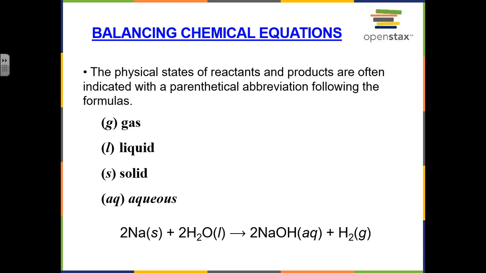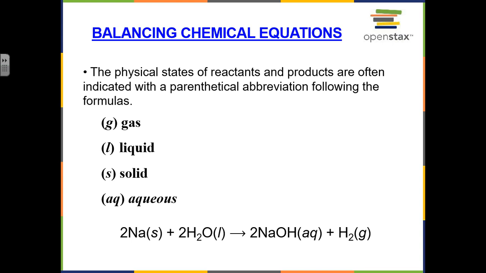Adding to that are a few word choices that we want to be familiar with. One is gas, the other is liquid, the other is solid, and another one is aqueous. When we're talking about aqueous, we're talking about material that has been dissolved or solvated inside some type of water-based media.